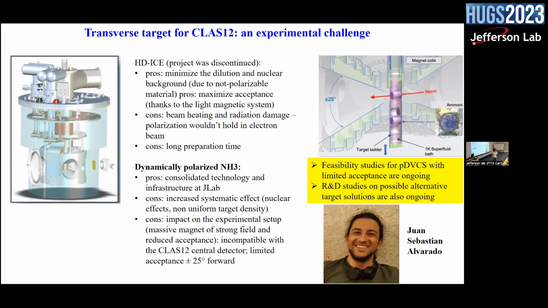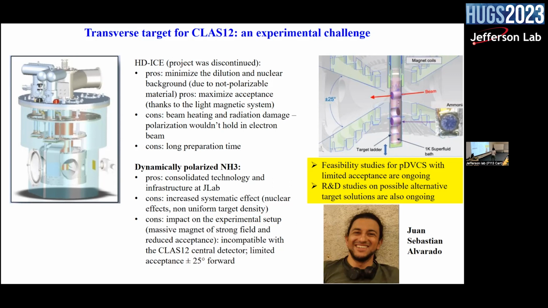Basically, in order to understand if this experiment can run, we need to see if the VCS can be measured even with this limited acceptance, in particular without detecting the recoil proton. So what Juan Sebastian is doing is trying to see if, by applying machine learning techniques, the background separation from the signal can be achieved even in the e-gamma detection topology.